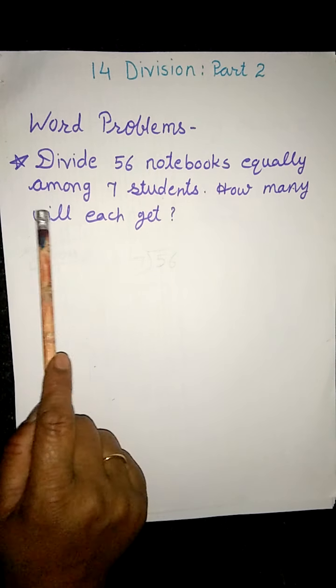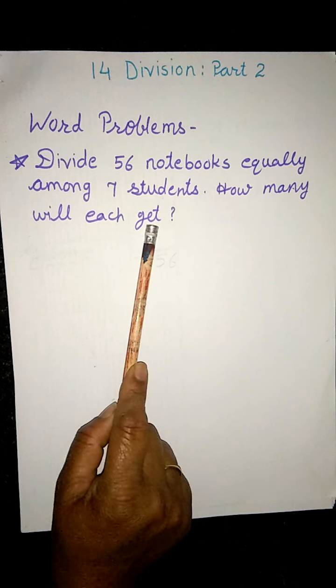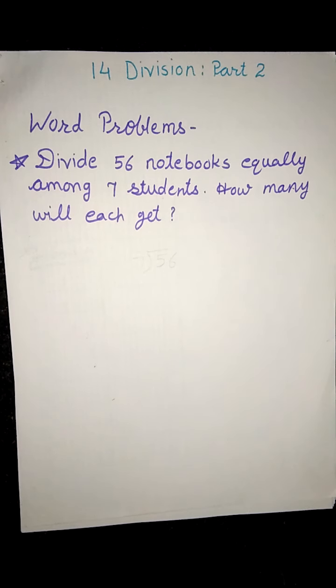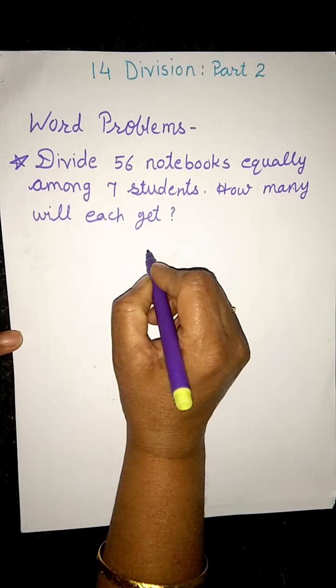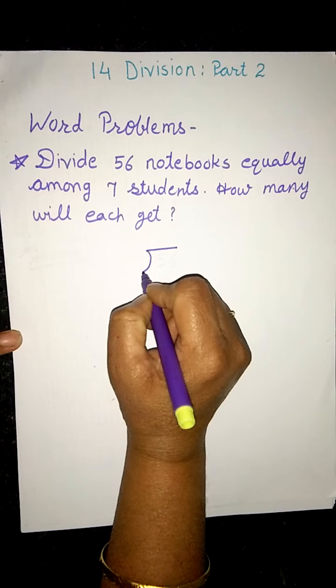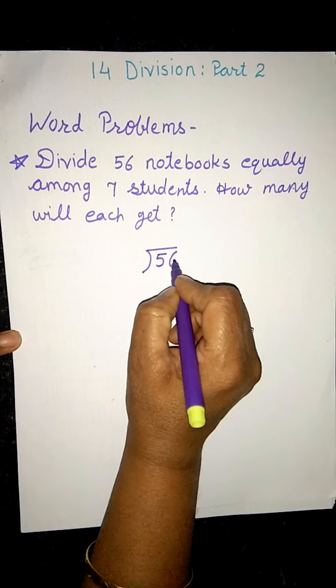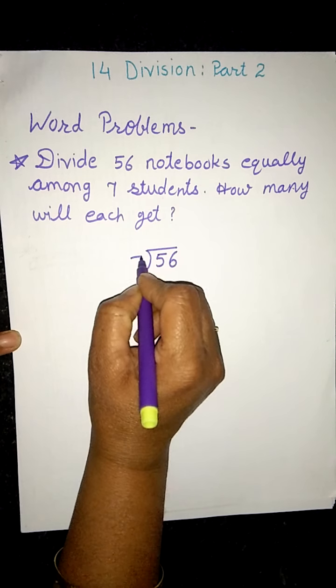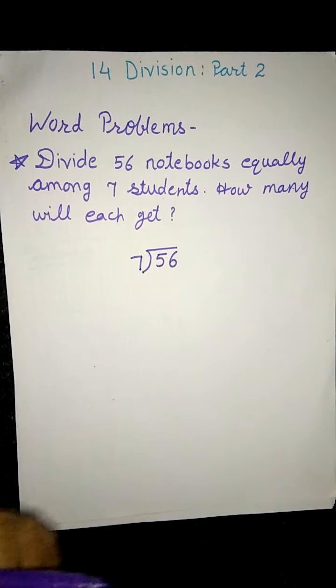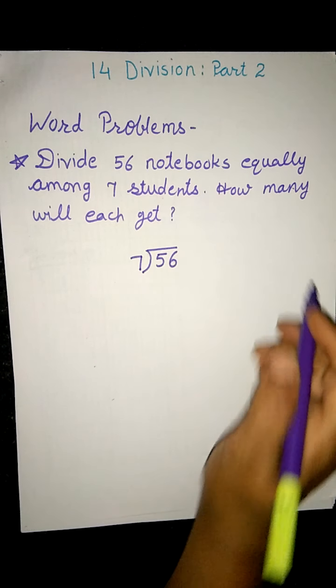Then how many will each get? So write 56. This is the division sign. Now write 56 divided by 7. Now write 7's table.